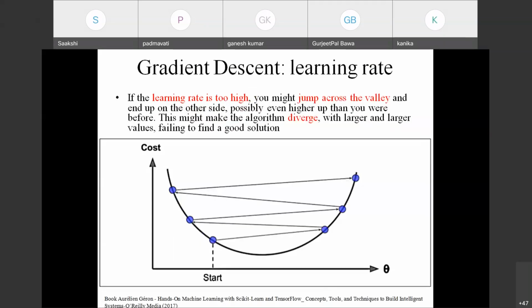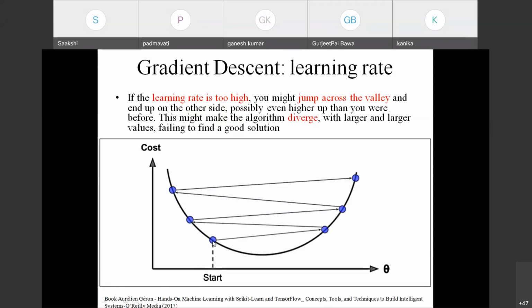Now, instead of taking small values, if I take higher values for the learning rate, what happens? If the learning rate is too high, you might jump across the valley and end up on the other side, possibly even higher up than you were before.